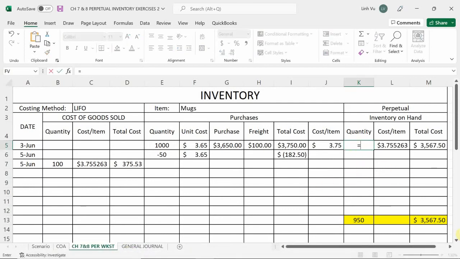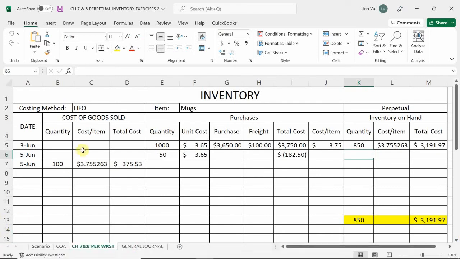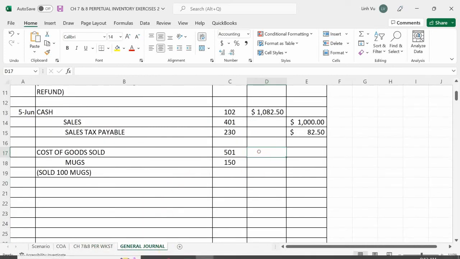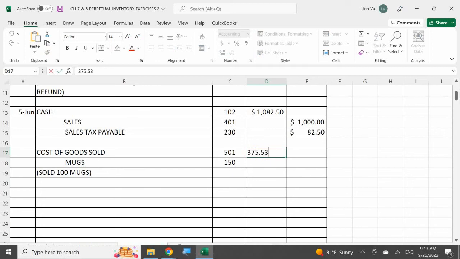So in this case, 950 minus 100, 850. There you go. I have $3,191.97. So good. It panned out evenly. Okay, so that means it cost me $375.53 to sell. Right?